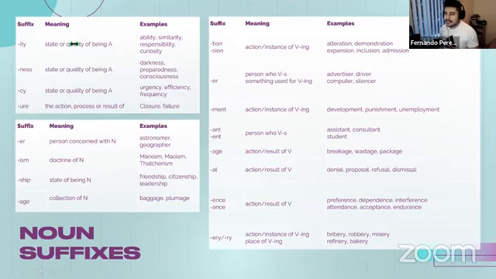Using suffixes just like ity, ness, sion, or. You see? Over here we have ism, ship, and th. We have here tion, ment, and th, all ends in re.